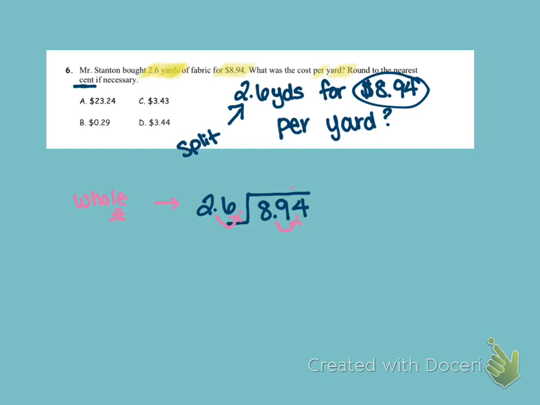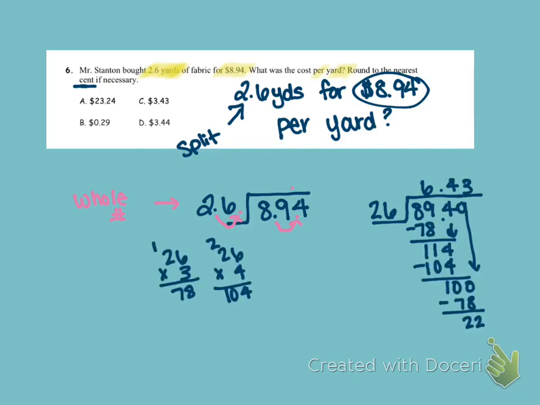We are just moving it the same amount of times as we did on the outside. And we're going to rewrite our problem. So we have 26 now dividing into 89.4 instead of 8.94, and moving our decimal straight up into the quotient. Go ahead and press pause again and press play when you have your answer.